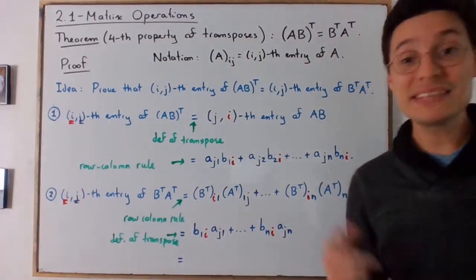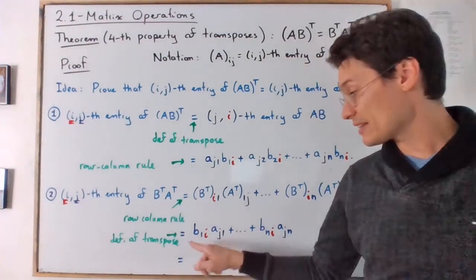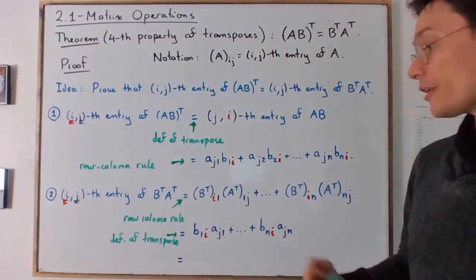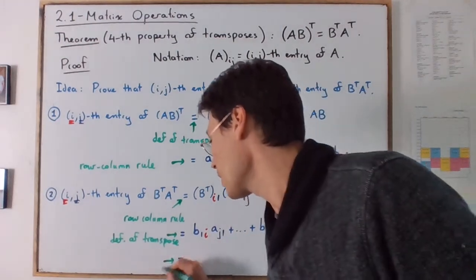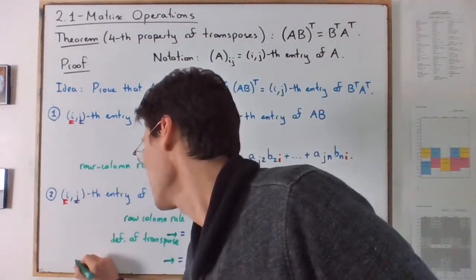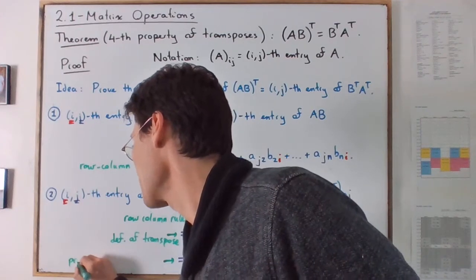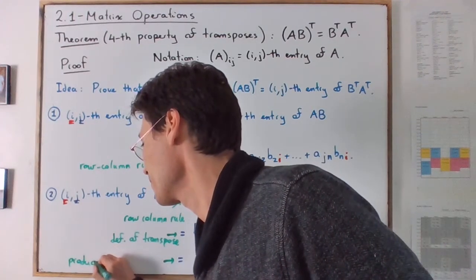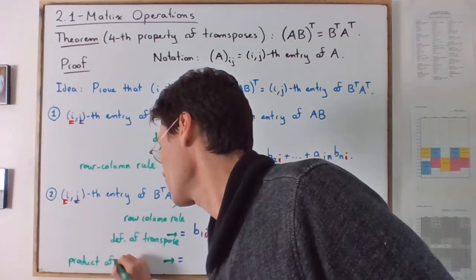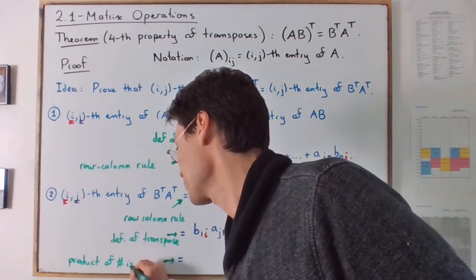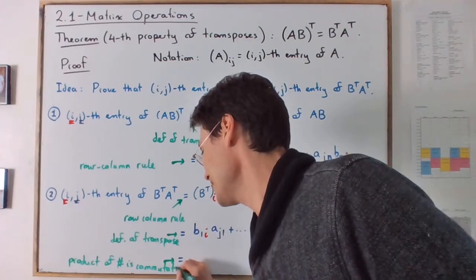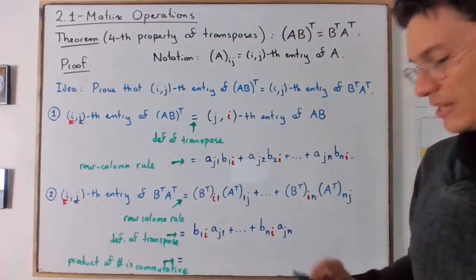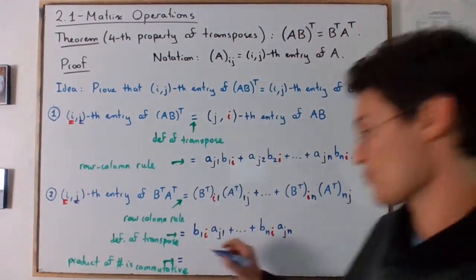And then finally, since these are numbers, you can commute the order of the products, right? The product of numbers is commutative. This is what allows me to reverse their order.